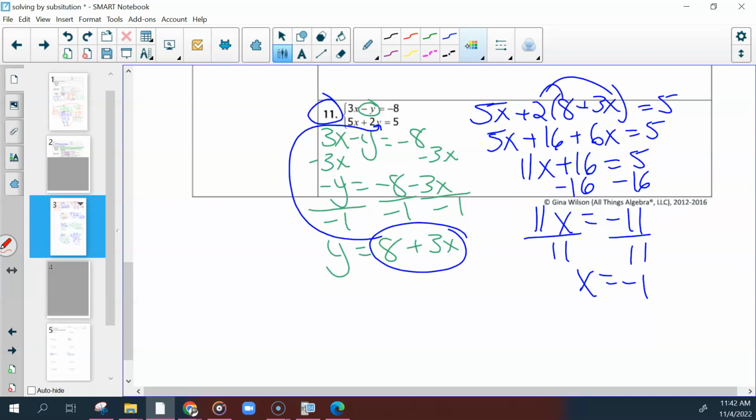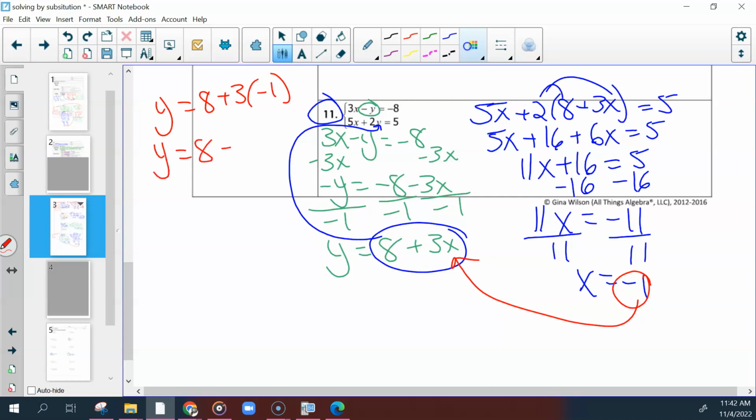And then go back and put that in for y, and solve for y. y equals 8 minus 3, or y equals 5.